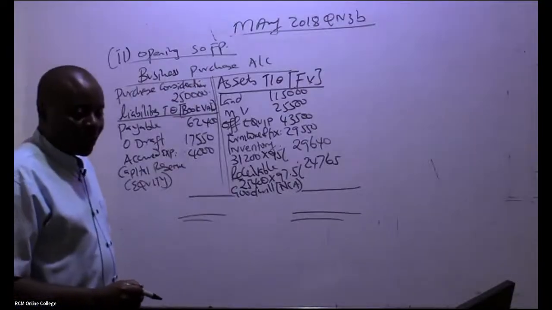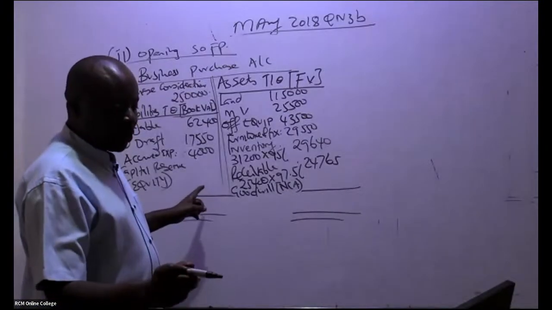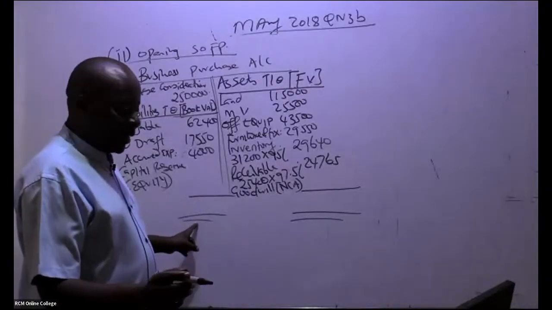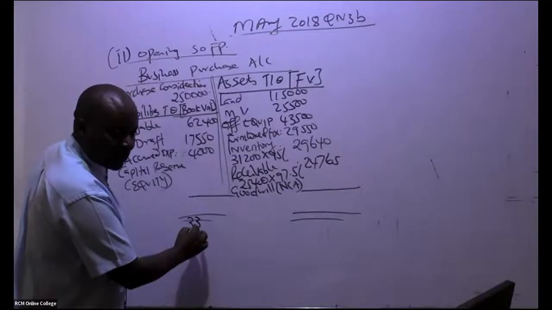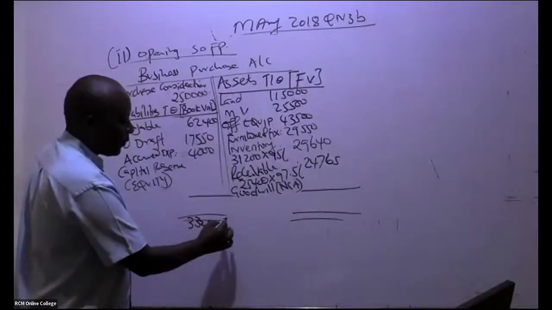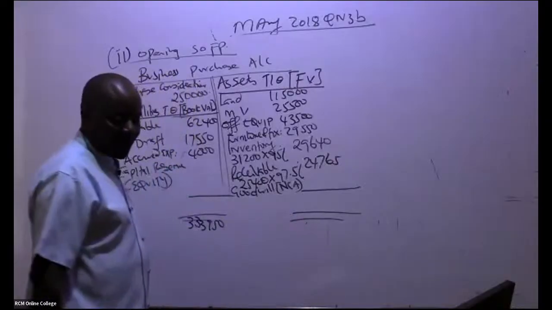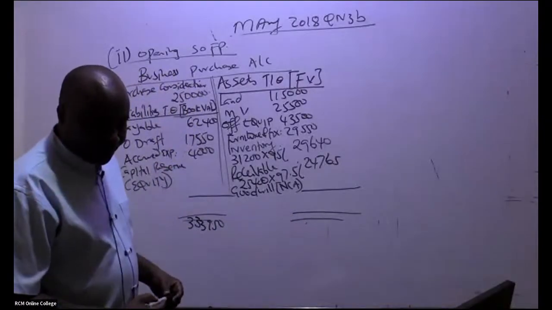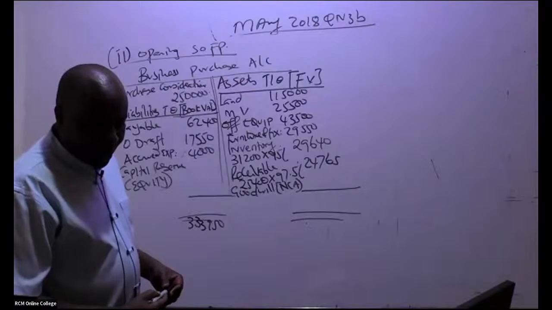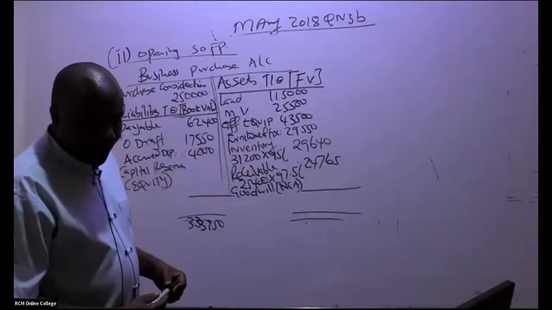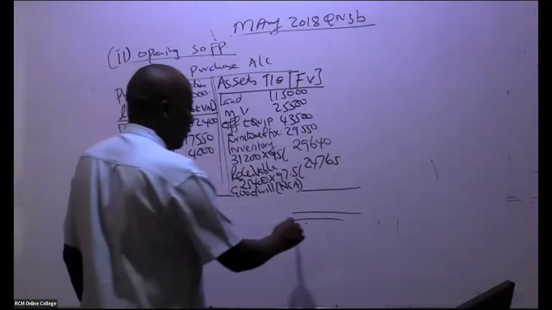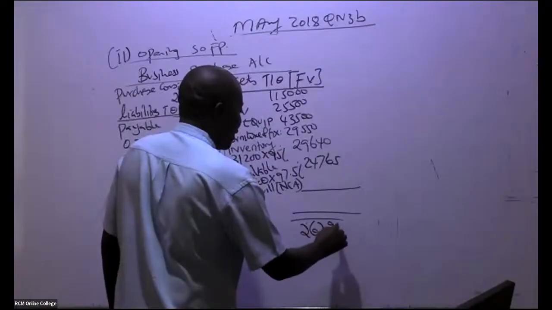So I'm being told, Irene, is this on the debit or credit? This figure, debit. So I'm being told this is 33,950. How about credit? Credit figure, 267,955.